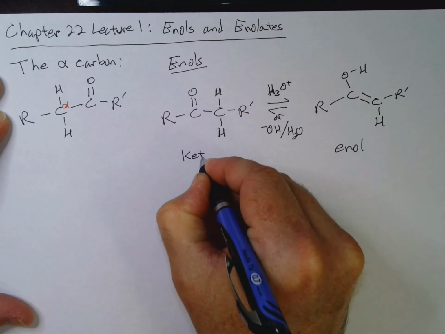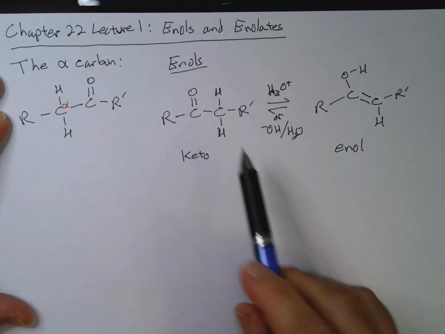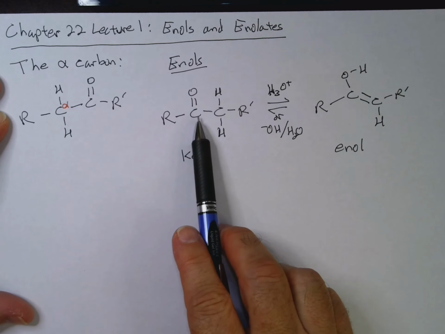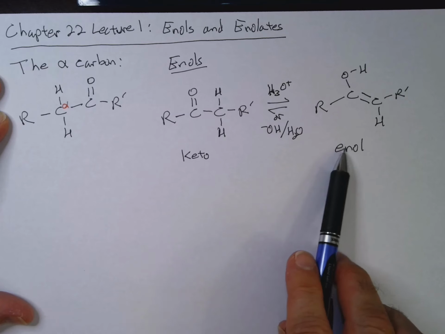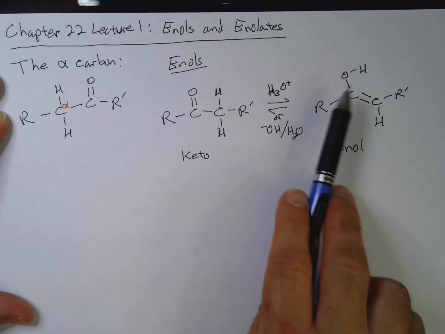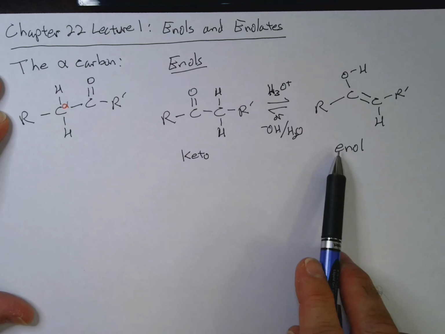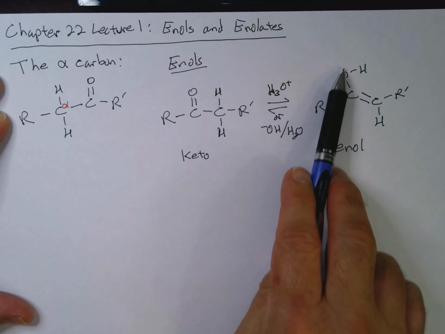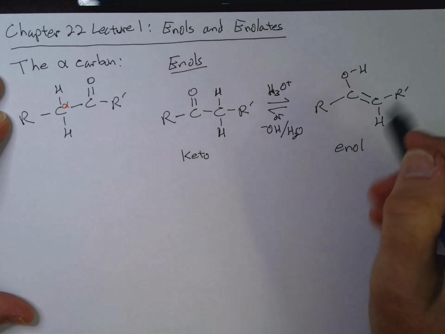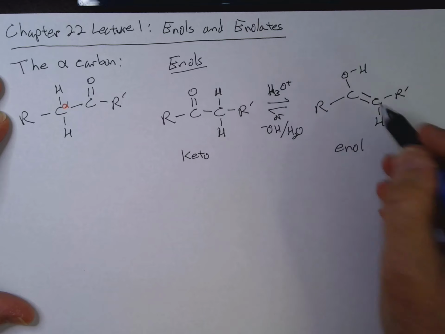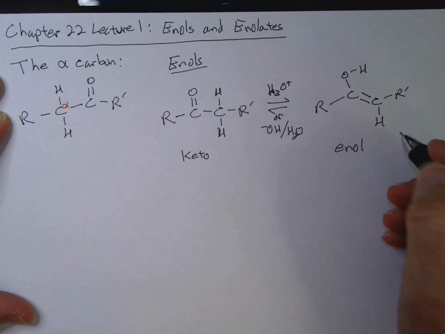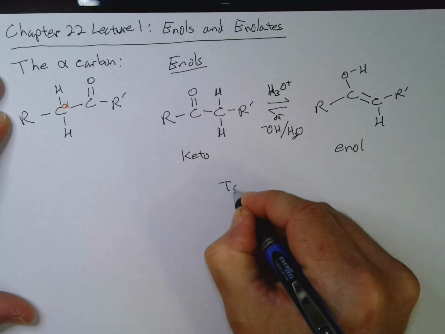When we have the C=O double bond, we refer to that as the keto isomer, and the alkene with the alcohol, that's where we get the name enol: alkene, alcohol, enol. The C=C double bond with the OH is the enol isomer. And these are known as tautomers.